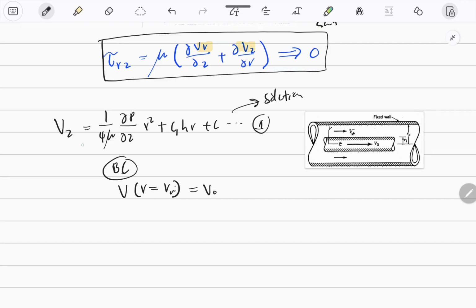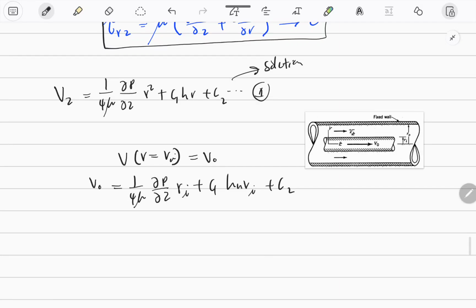If we plug that in, we get V naught equals 1 over 4 mu dp dz times Ri squared plus C1 ln Ri plus C2. Let me call that equation 3.